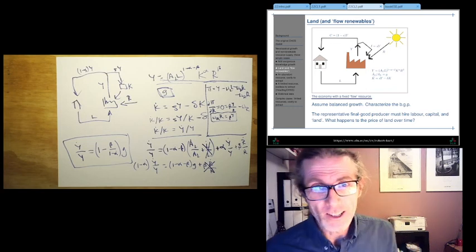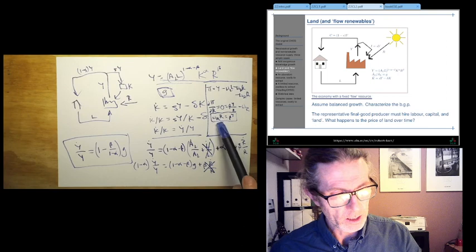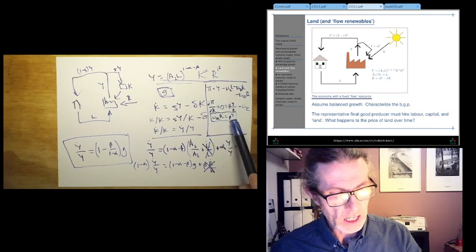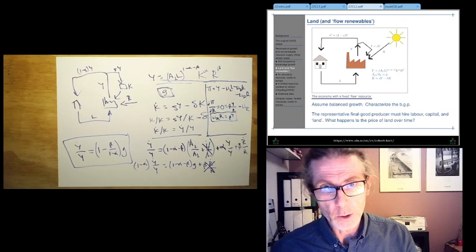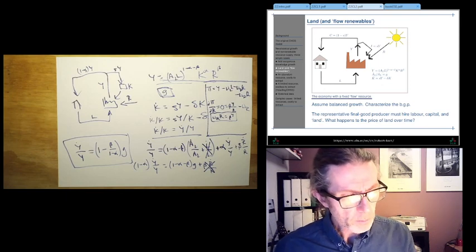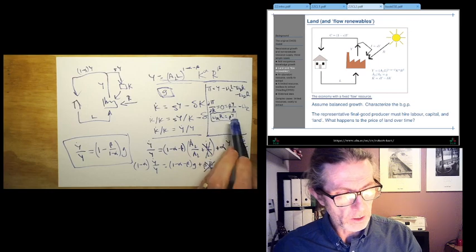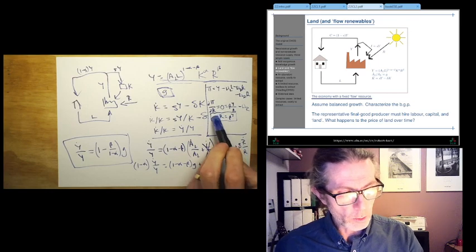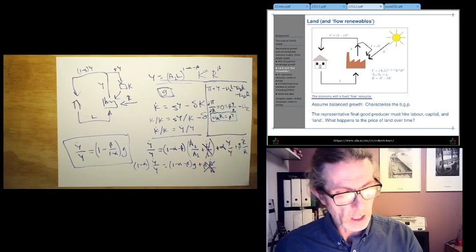I'm not totally sure right now, but land takes a share beta of the value of production, fixed share, and R is constant, beta is constant, so W_R dot over W_R is just Y dot over Y.